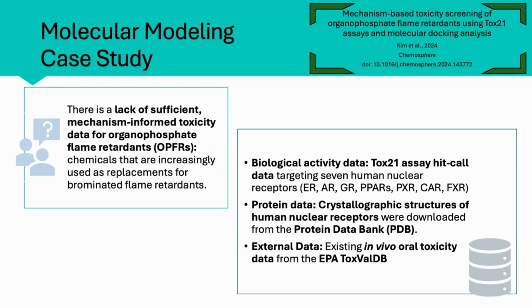There were several data sets that were used as part of their study. For biological activity, they made use of Tox21 assay hit call data regarding some human nuclear receptors. There were 7 of them, and those are noted here.